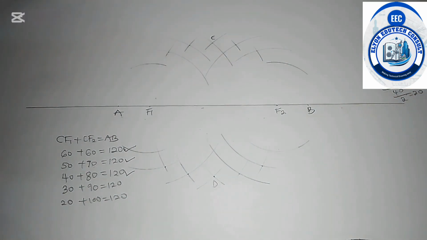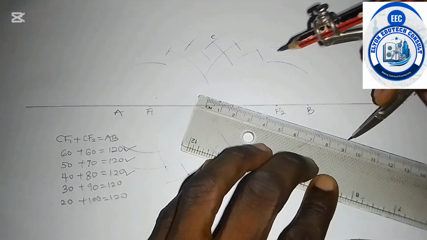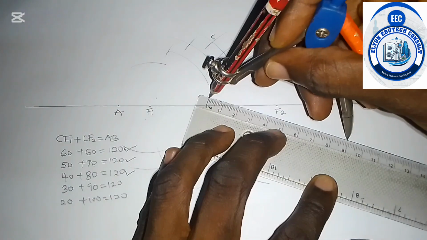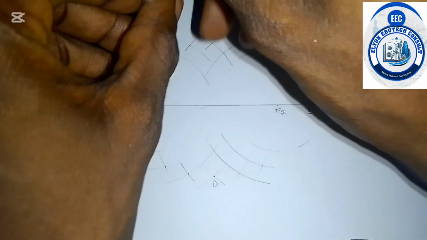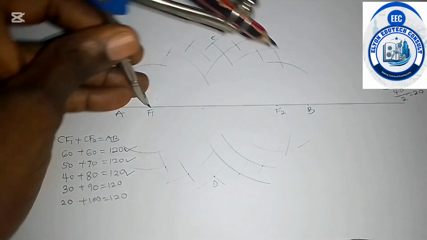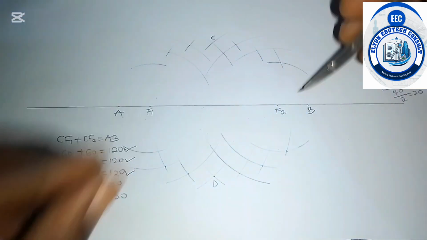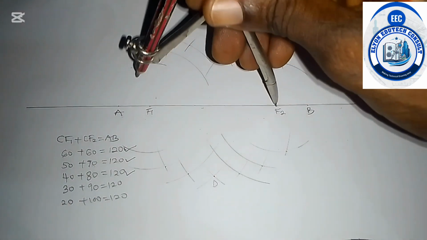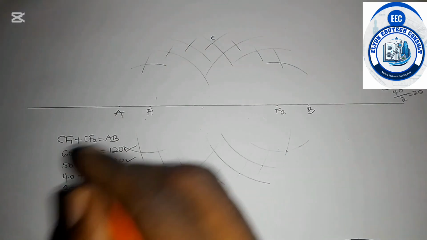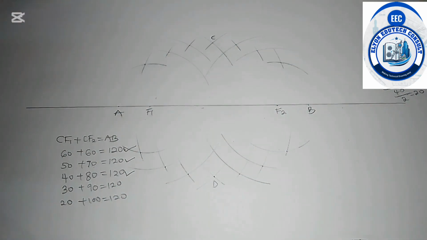Okay, then 30 plus 90, stretch to 90 now. Okay, place on F1. Take note of the point of intersection. Okay, then go to F2. Okay, this is the point of intersection, and the point of intersection at that point there.